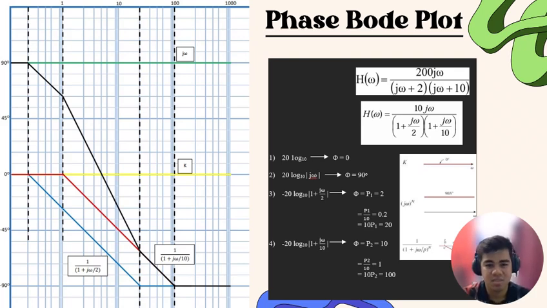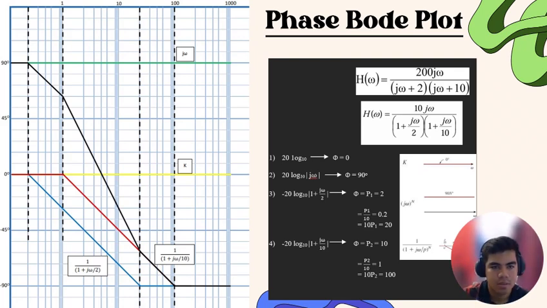That is where we start the graph, the red one, 1 over (1 plus jω over 10), which starts at 1. This is 1 in the graph, starting from 0 degrees, and 10 p2, which is hundreds, and then the red one goes until the hundreds.